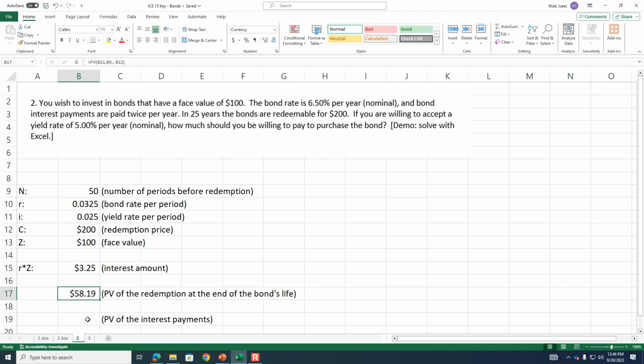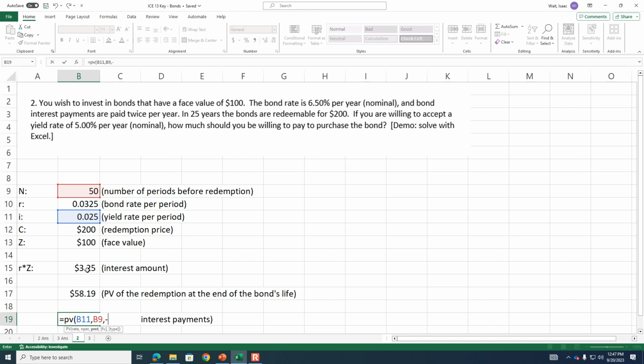And then the payments over time, $3.25, I'm going to do PV. The rate should be the yield rate. NPER is the number of periods. And now PMT. If I put an amount in there, what Excel is going to assume is that there is a recurring series, which is what this is. That it's a uniform series of $3.25.